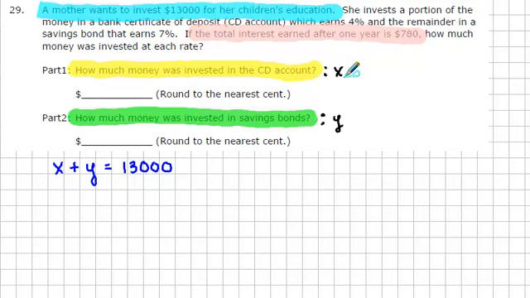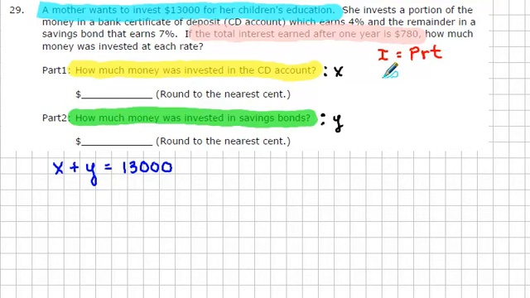So how much interest is earned on each of the two accounts? Well, what we need to recall is that interest is equal to principal, which is the amount invested, multiplied by rate, expressed as a decimal, times time, where time is the amount of time in years.